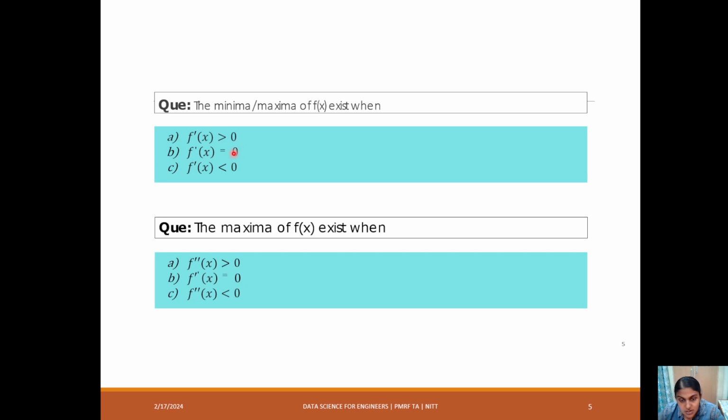Then the maxima of f of x exists when f double dash of x is less than 0. This is like a simple question based on the theory.